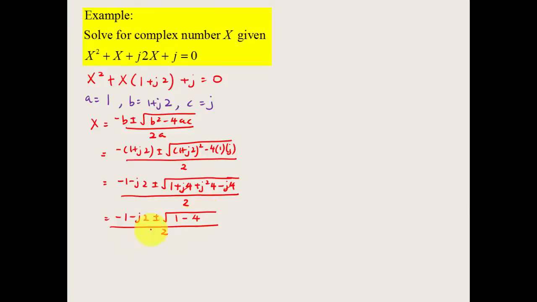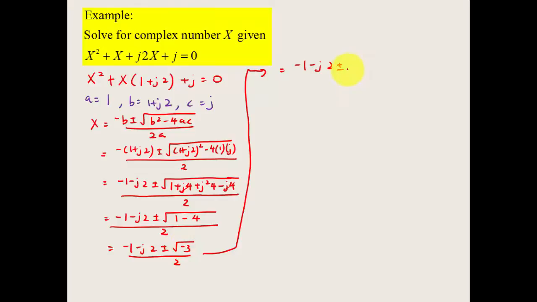Now let's simplify what's in the square root. I get negative 3. Now let me continue on the other side. I'm going to write square root of negative 3 as square root of negative 1 times square root of 3.